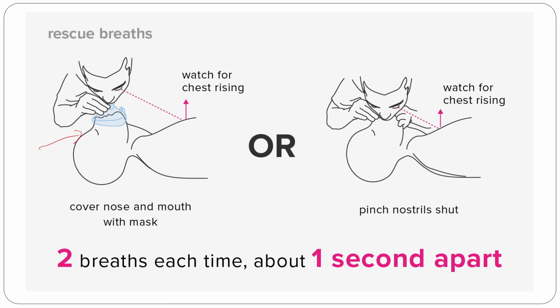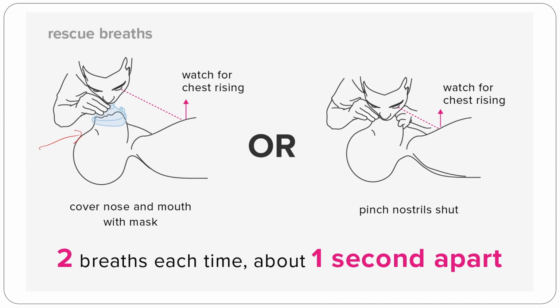If you are a CPR trained volunteer, you can keep such a mask in your bag, and this mask acts as a barrier. So, after clearing the airway and lifting the chin, you can put this mask and exhale through it, and you will watch the chest rising.